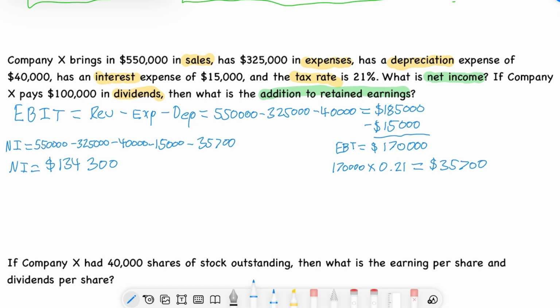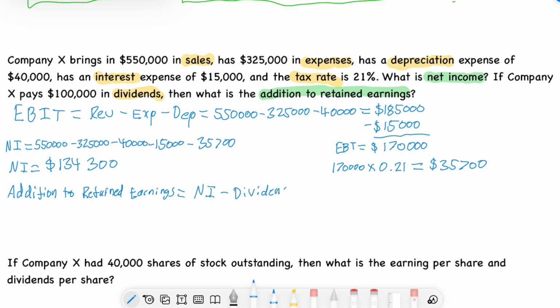Now we want to look at the addition to retained earnings. We have another equation for that. It's not commonly used, so it's not in our toolbox, but it's going to be our net income minus our dividends.